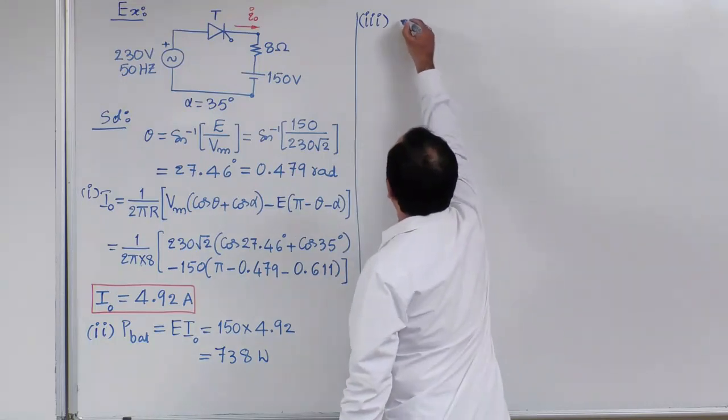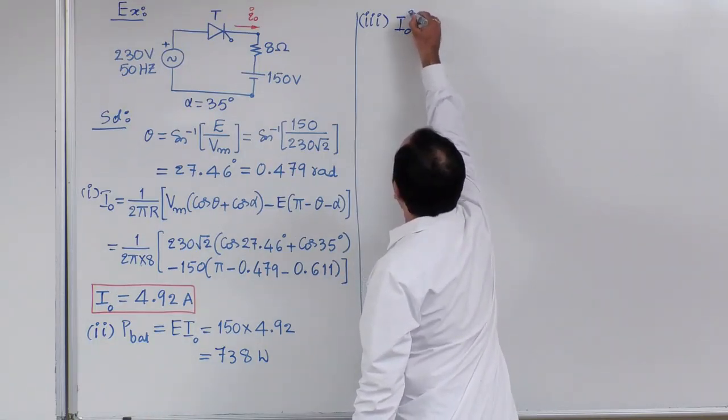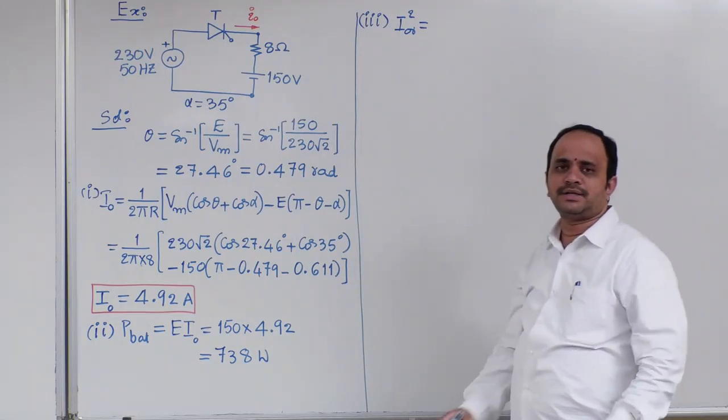So before that, we need to find the RMS current, I o R square.